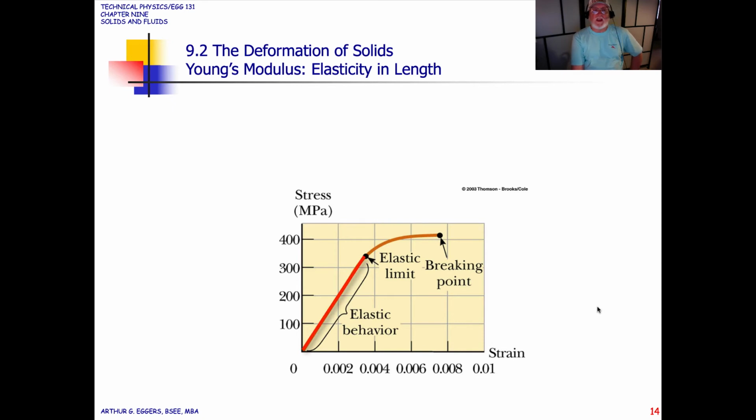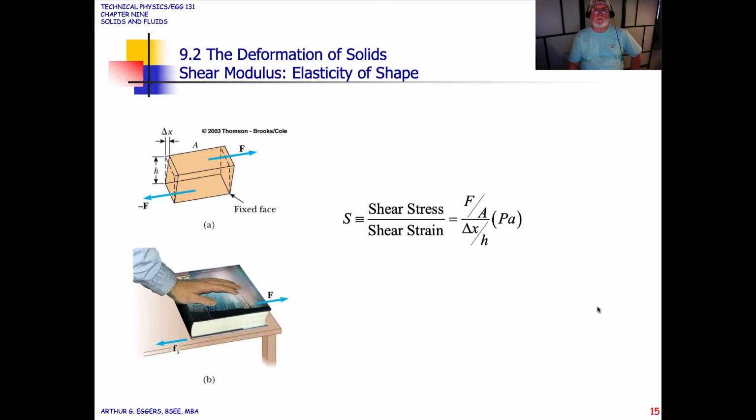So we can see here, if we graph out what's going on between stress and strain for a material, you can see the elastic behavior stays fairly linear until it hits some limit, and that limit is where deformation starts taking place. And you'll notice we've got a curve, and then we have some breaking point.